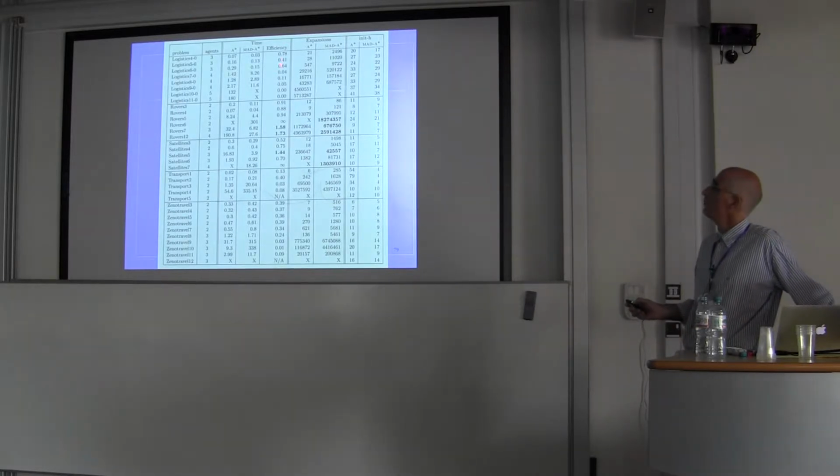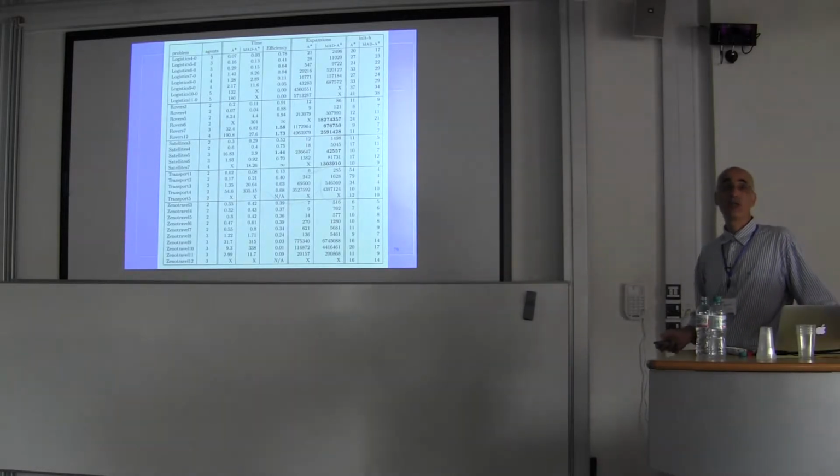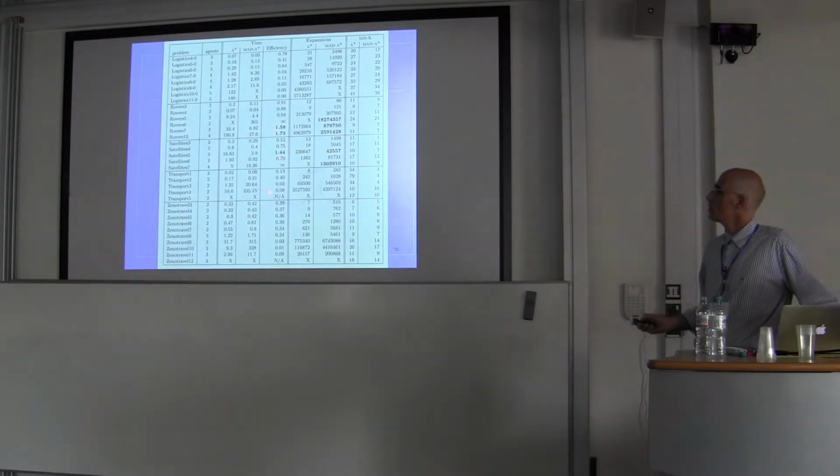The efficiency factor is how close you are to that. And in any reasonable distributed algorithm where you didn't actually change the algorithm, the efficiency can never be more than 1. 1 is the case where you get the running time to be exactly the original running time divided by the number of agents. And what you see here is that in some cases you get efficiency higher than 1.